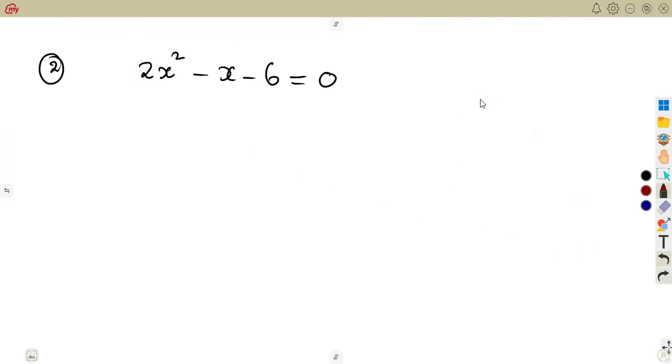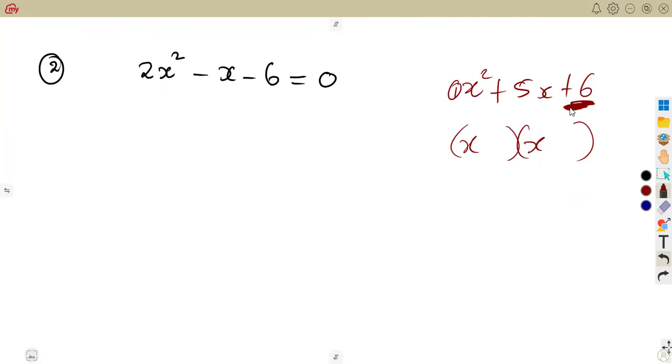We saw that it is easier for us to factorize x squared plus 5x plus 6, because the coefficient of x squared is 1. We just say, okay, this is x here, this is x. What are the factors of 6 that when you add, you're going to get a 5? 3 and 2, you put a 3, you put a 2 here.